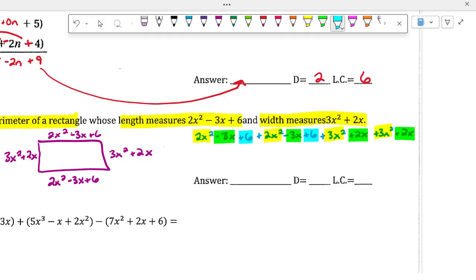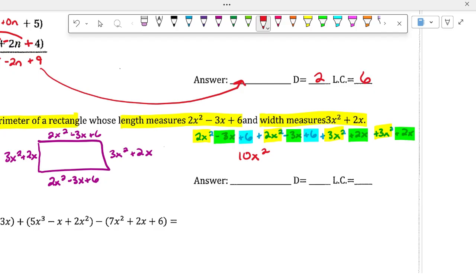So what's 2x squared plus 2x squared? 4x squared plus 3x squared? What's 4 plus 3? 7x squared plus 3x squared. So this would be 10x squared. What's negative 3x plus negative 3x? Negative 6x plus 2x?